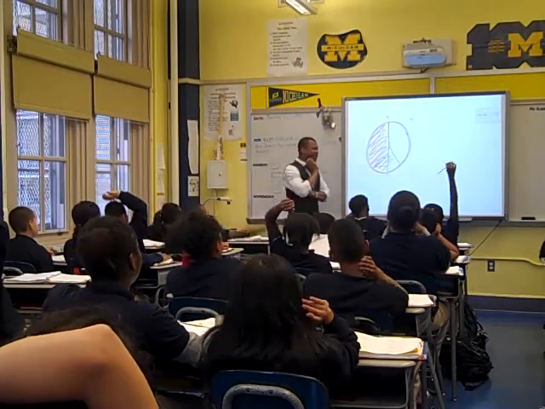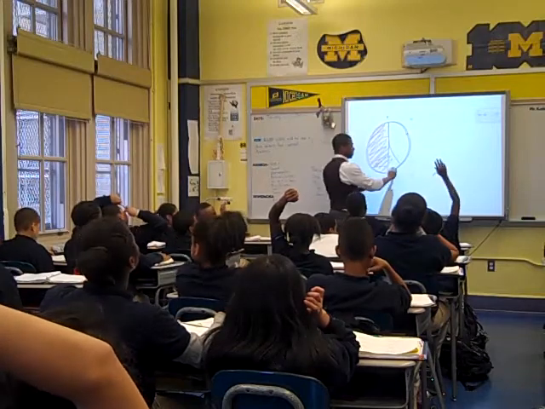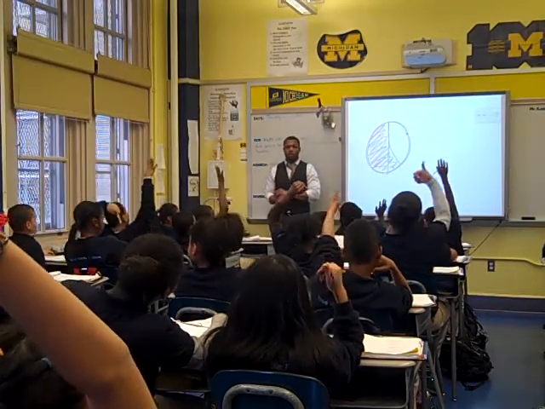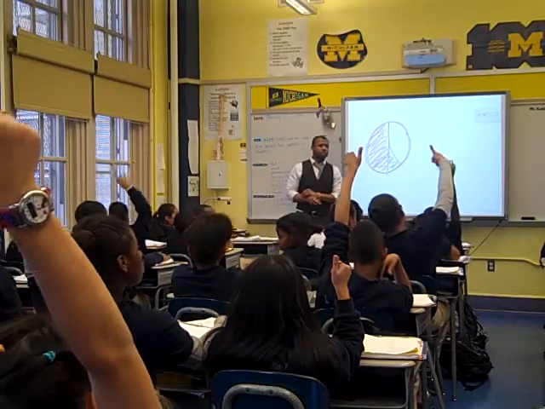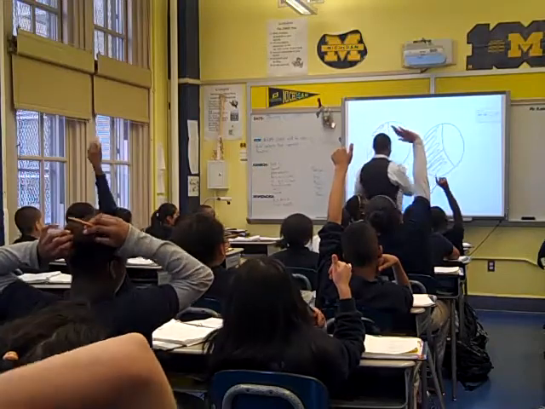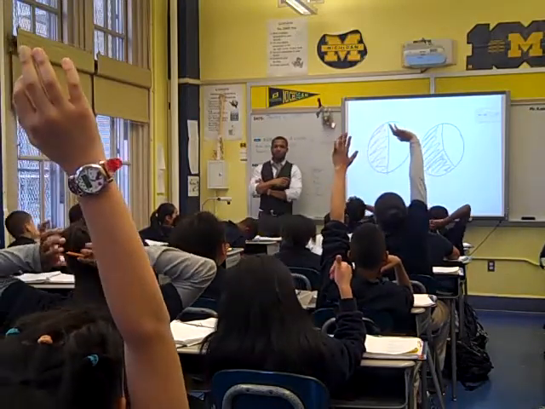Who agrees that green takes up more space? You've got all this extra space over here. So which is bigger, 1/2 or 2/3? This goes back. Which is bigger, 1/2 or 2/3?